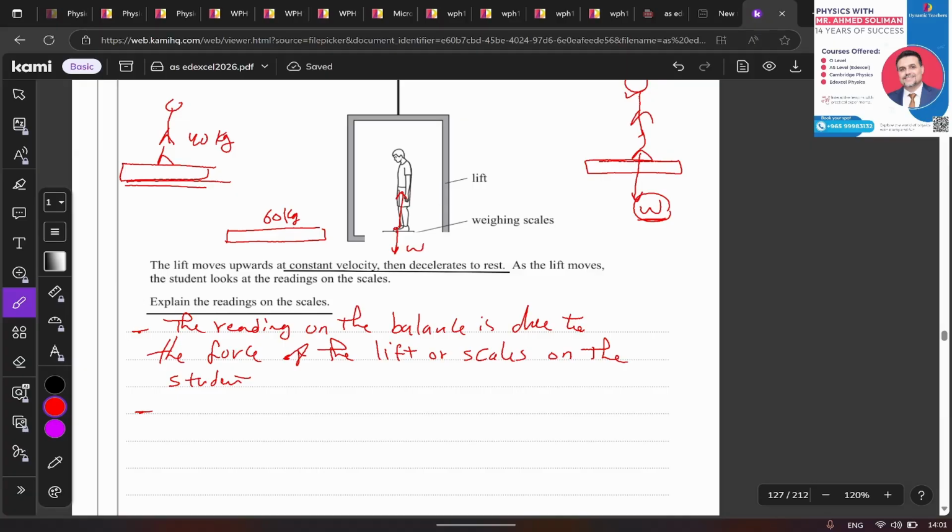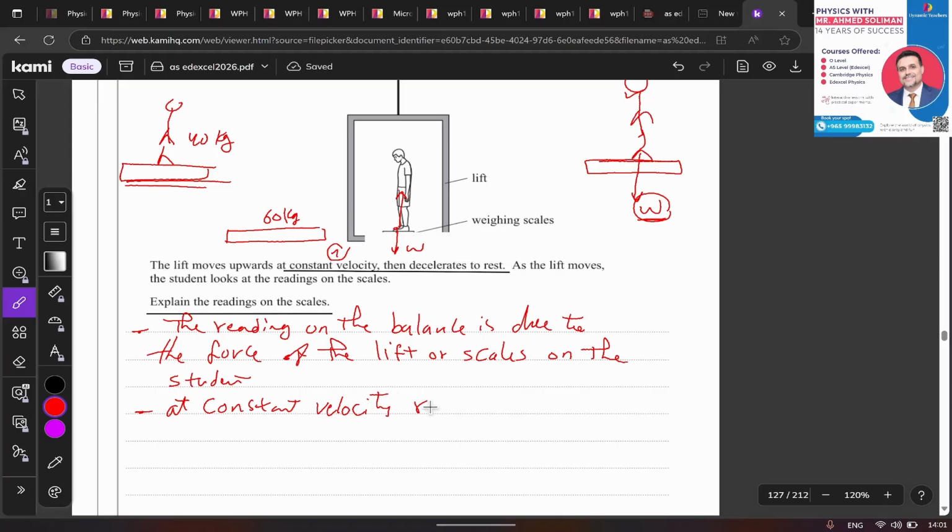Which one is greater, or are they equal? Now we have a constant velocity. What does constant velocity mean?